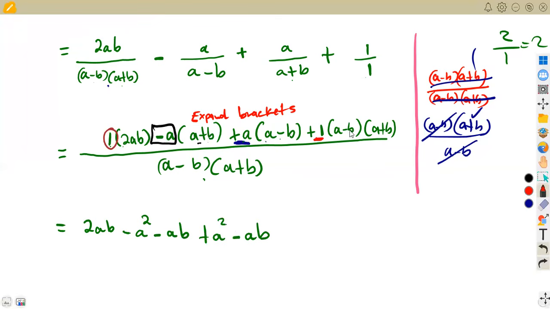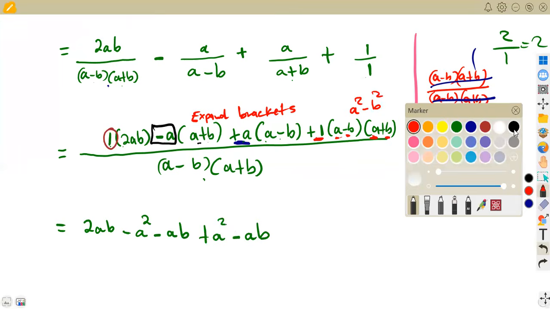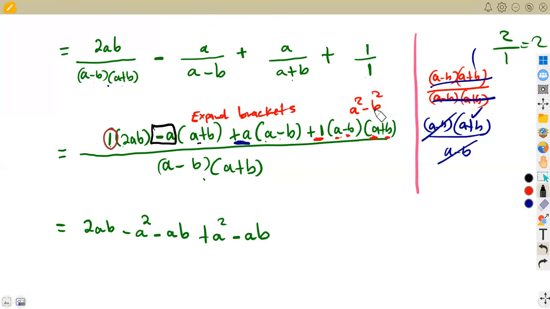We have to expand these brackets, but by just looking at these brackets, a minus b into a plus b, where are these brackets taken from? They are being taken from the difference of 2 squares, a squared minus b squared. But in case you have not realized that it's from the difference of 2 squares, expand your brackets.